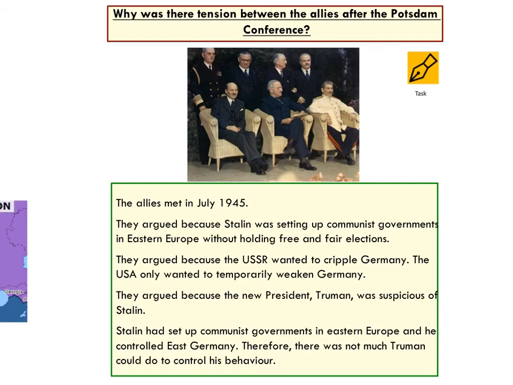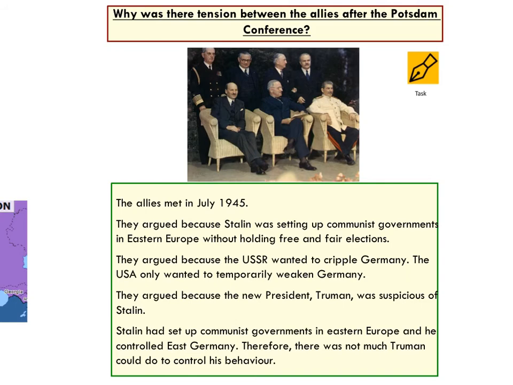There were also disagreements because the USSR was really keen to cripple Germany. So the USSR wanted to introduce huge reparations that Germany would have to pay to the USSR to make up for the losses that the USSR had sustained during the war. Stalin also wanted to make sure that Germany could never become a strong industrial power again. And you can see why he wanted that. Ultimately, Germany had invaded the USSR, or Russia, as it had previously been, and there had been 2 invasions in the past 50 years, both led by Germany.